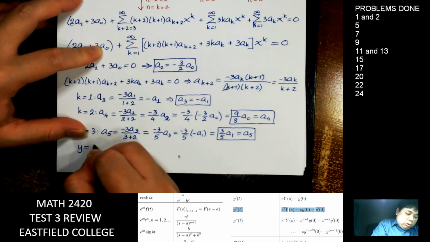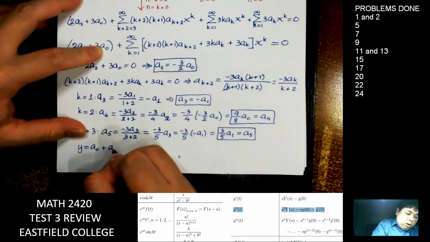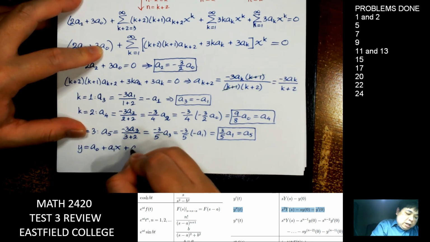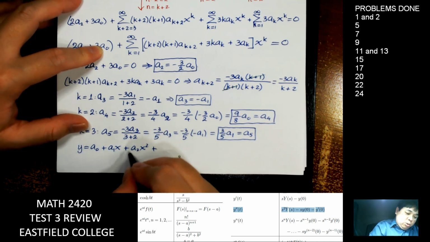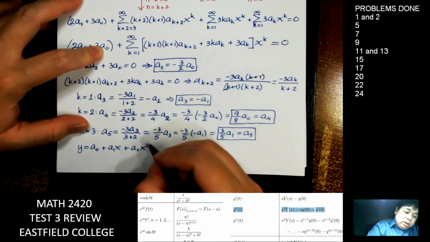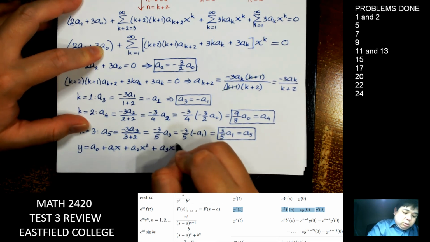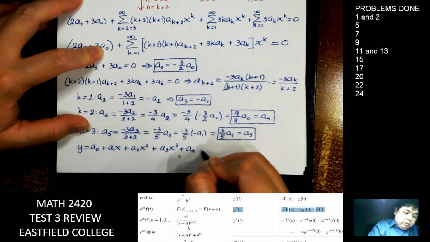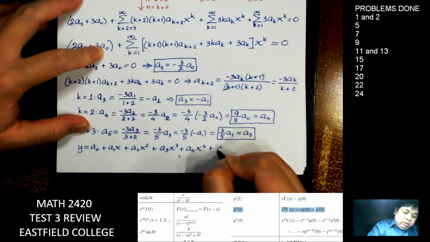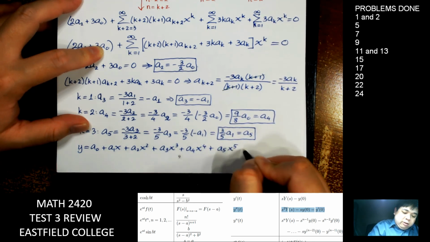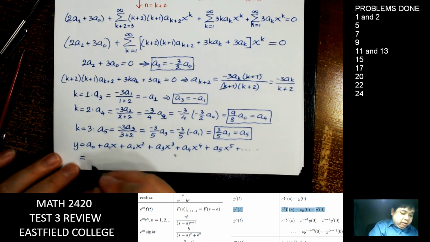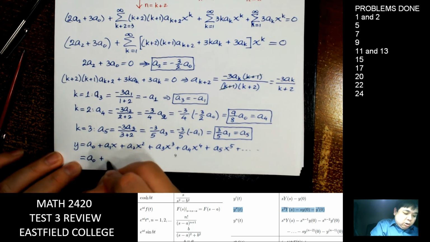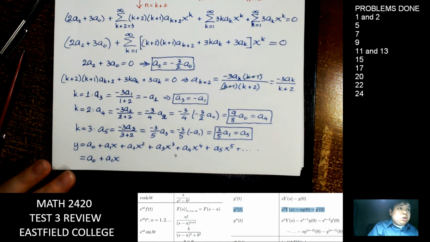y equal to a naught plus a1 x plus a2 x squared. This is the power series and not the Taylor series, so we don't have to divide by the factorial. a3 x cubed, a4 x to the fourth, a5 x to the fifth, and then so on. Now we put in the coefficients we have. We don't have a naught or a1, so they're still there.